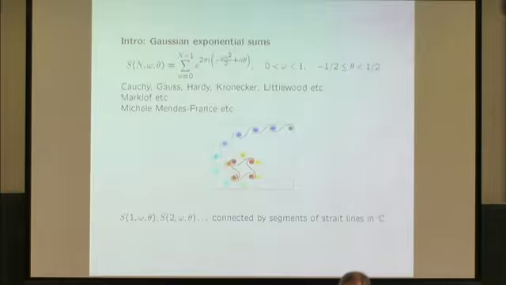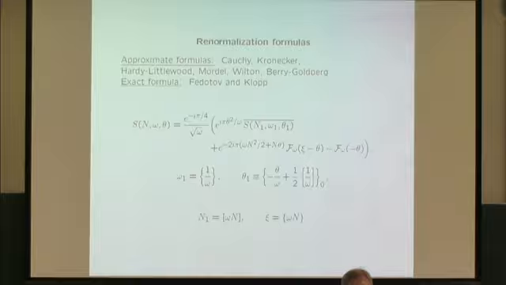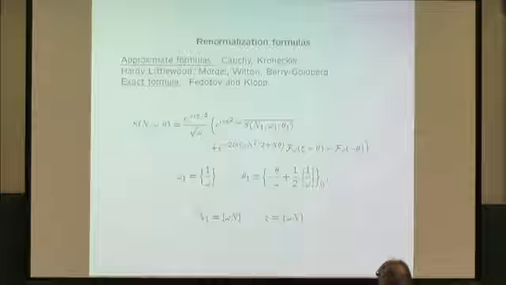Because Mendès-France could not answer my question, my co-author, Frederick Klopp, one of the organizers of the term, and I decided to understand it ourselves, and we have written the following renormalization formula. Here in this formula you have the input Gaussian sum, and here another Gaussian sum with new parameters, frequency omega 1 and ergodic parameter theta 1 instead of omega and theta.